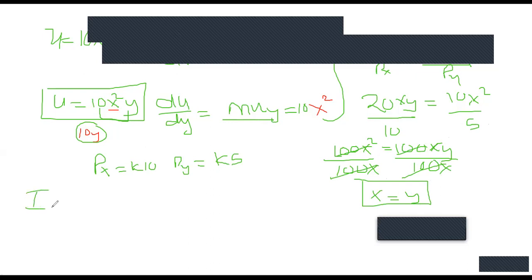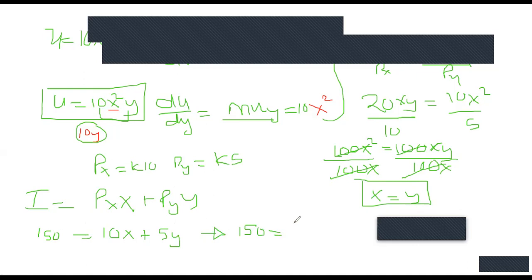Because our budget line was equal to what? Price of x, price of y. So our budget line was what? 150. The price of x was 10x, the price of y was 5y. And we've been told x is the same as y. So you can substitute where there's x, you put y, or where there's y, you put x, the same thing.